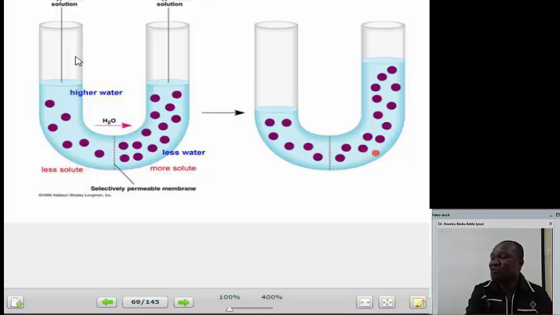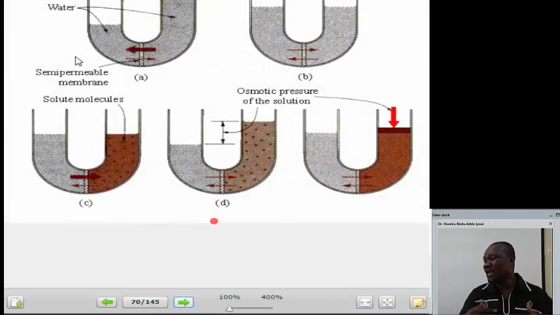The hydrostatic pressure is also referred to as the water stopping pressure. The pressure at which there is no net flow of water is what we call the osmotic pressure.